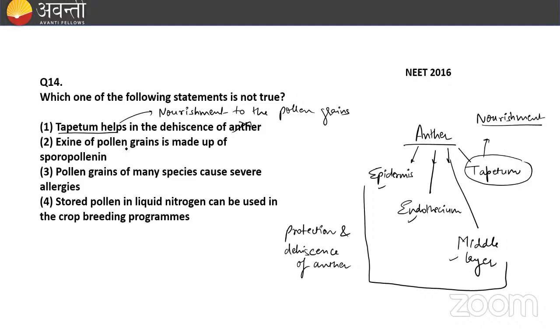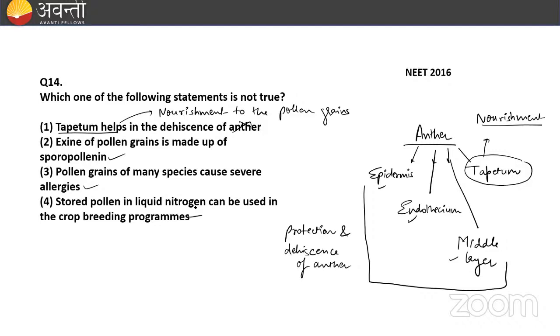Okay. Option number 2 says the exine of pollen grains is made of sporopollen. Option 3 says pollen grains of many species cause severe allergy. This is also correct. Option 4 says the stored pollen in liquid nitrogen can be used in the crop breeding program. This is also absolutely correct, because there are pollen banks where the pollen grains of different plant varieties are stored. And these pollens are stored at very low temperature, like at minus 196 degrees Celsius.